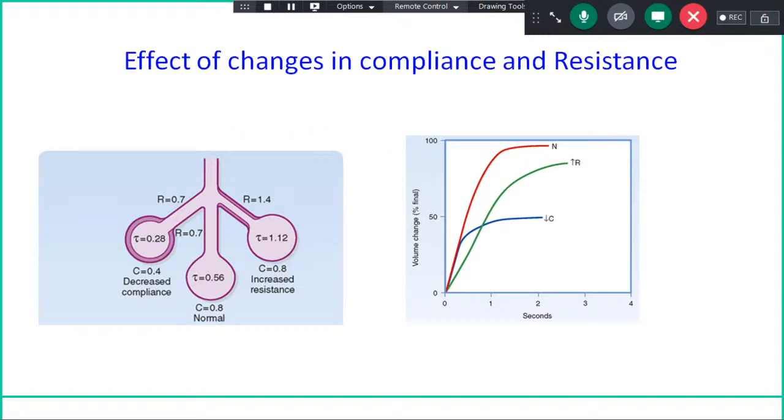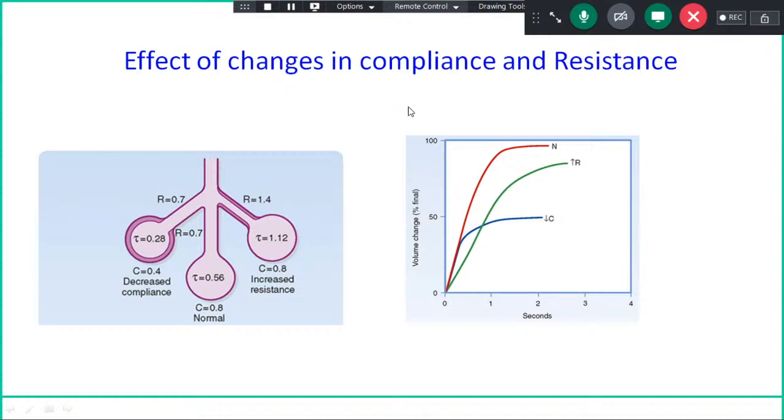Now this is one thing which we can mention actually, that the ventilation to a particular region of the lung would also be in accordance with the units having normal compliance and resistance. If the resistance of the lung unit is different or the compliance is different, then as a result the total amount of ventilation received by it changes.